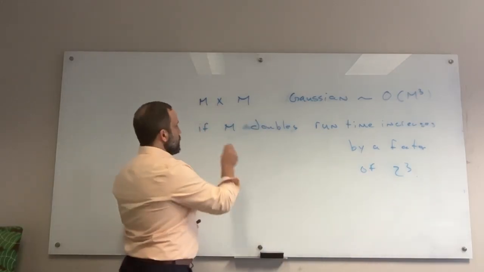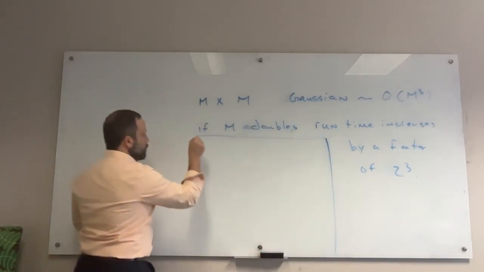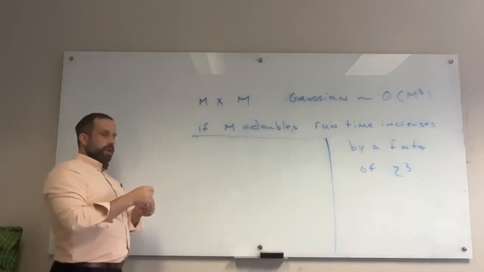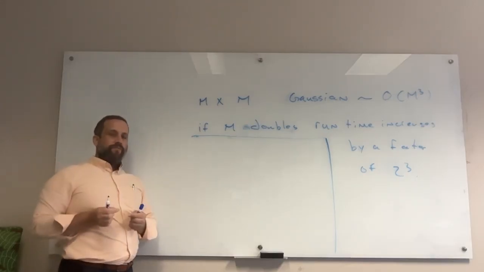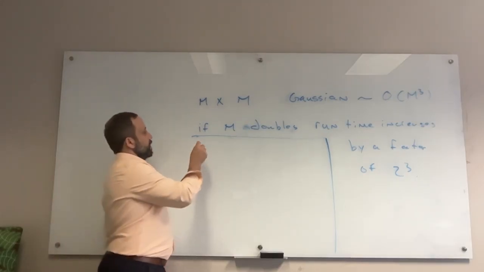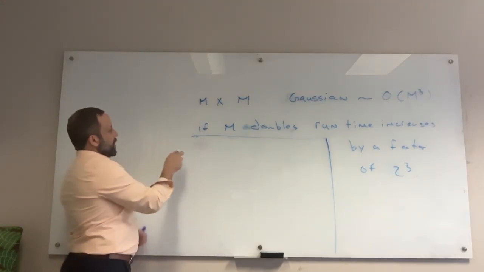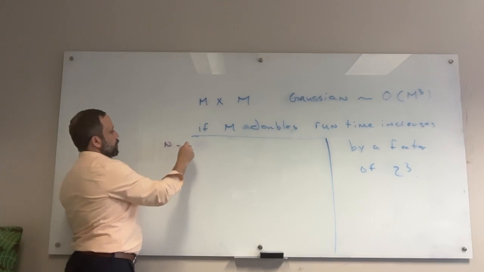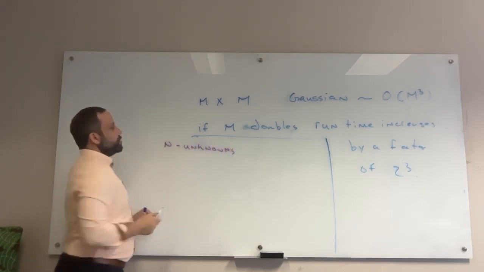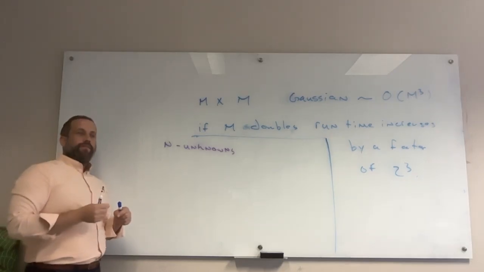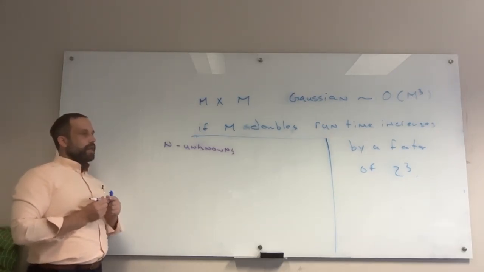Okay, so let's think about how this works in our PDE example. In one dimension, if we have n unknowns, typically there would be n minus 1 unknowns, but let's just say we have n unknowns.